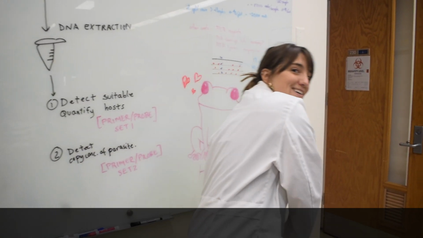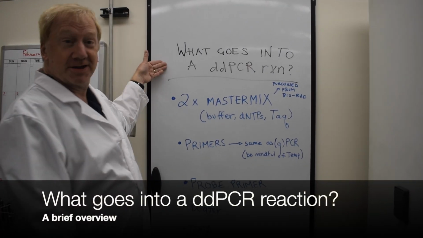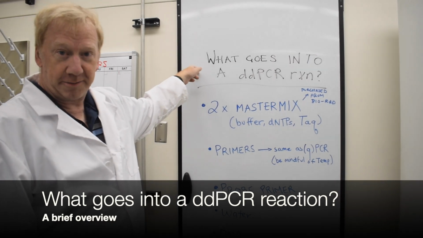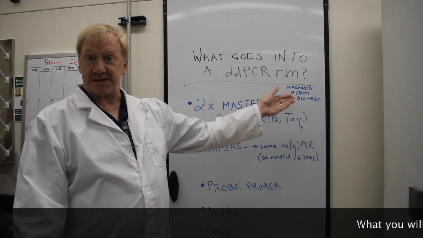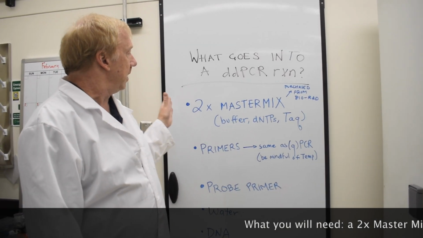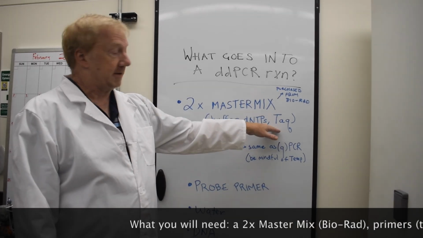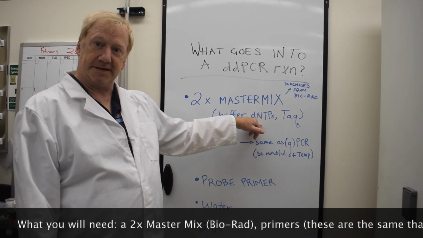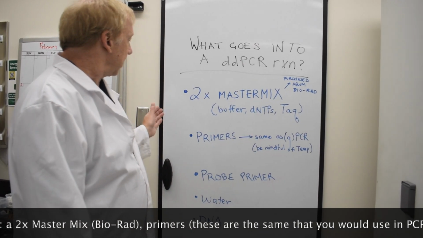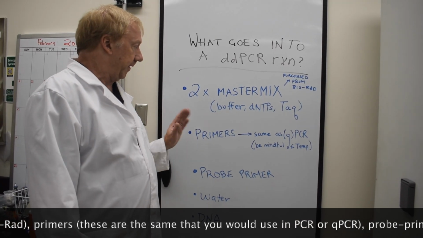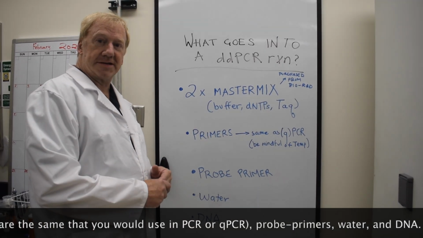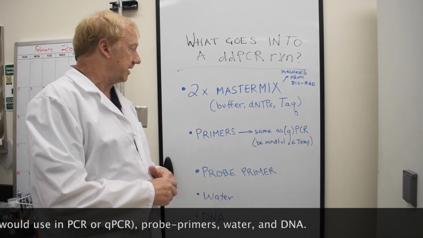Come along! Today's question is, what goes into a ddPCR reaction? We buy a 2x master mix from Bio-Rad, and that contains the buffer, the polymerase, and the dNTPs that will produce the product. We also add primers. These are the same primers as you might use in regular PCR or qPCR.